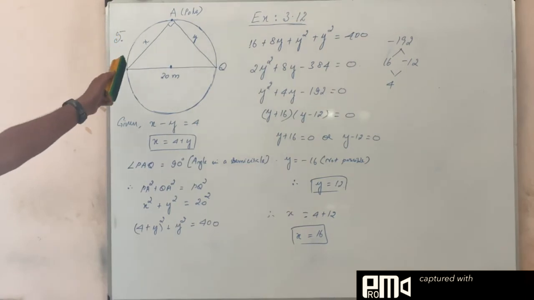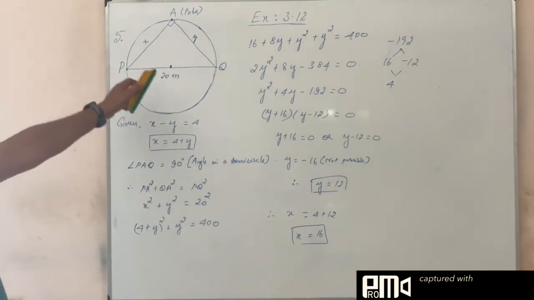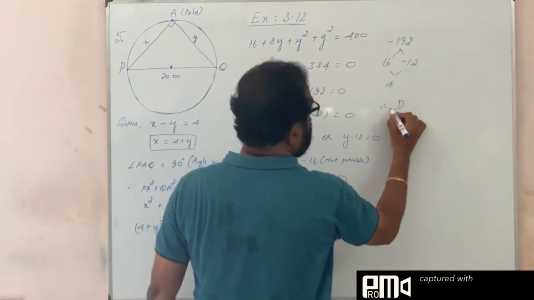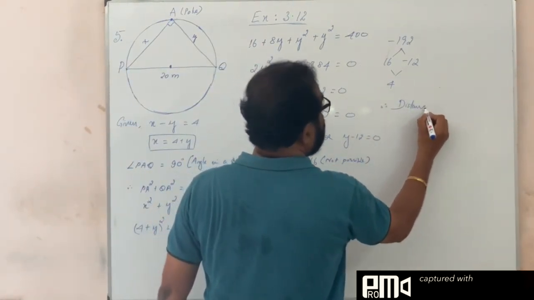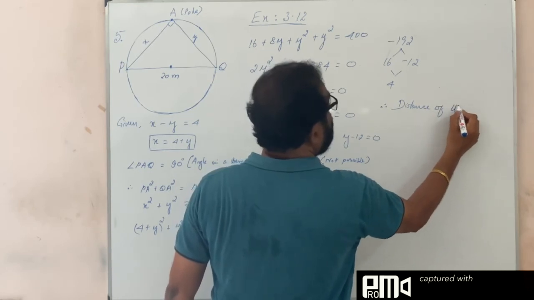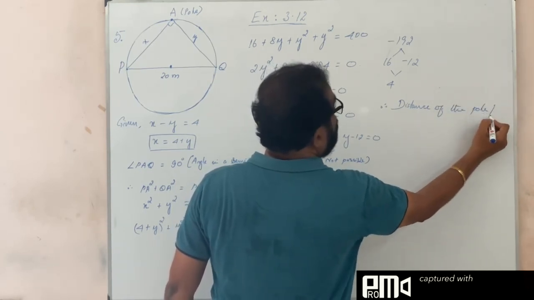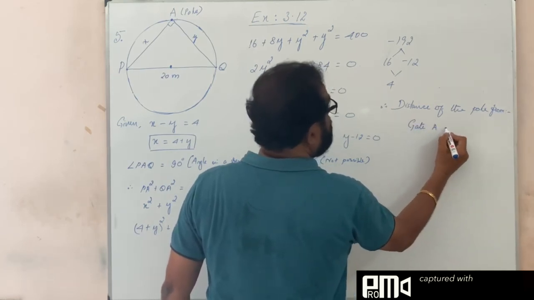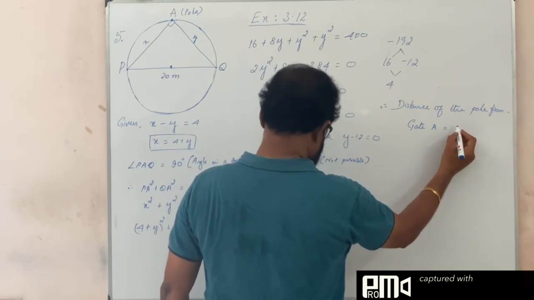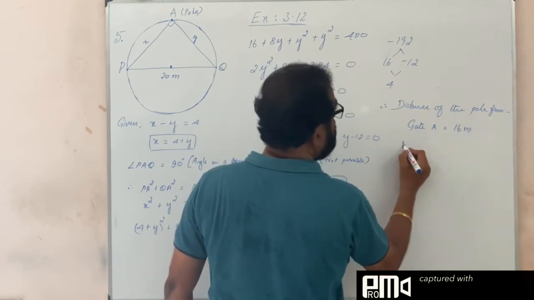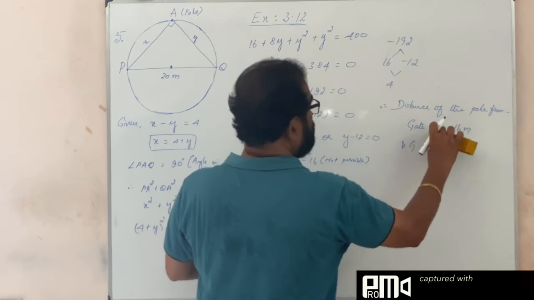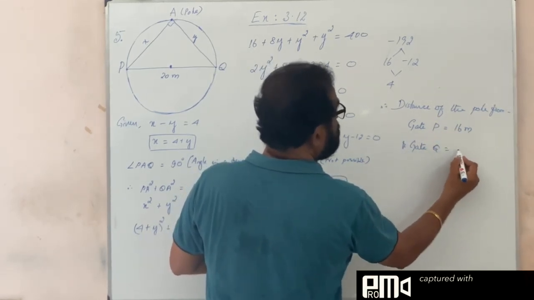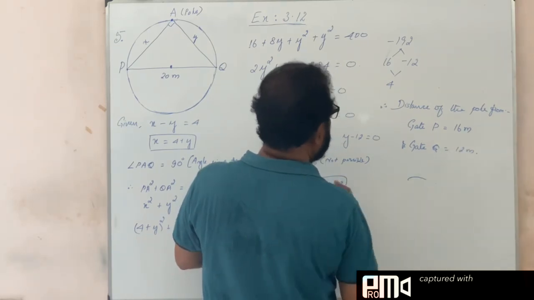So the distance of the pole from gate P is 16 meters, and from gate Q is equal to 12 meters.